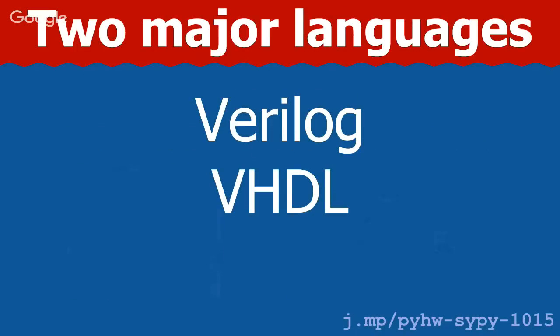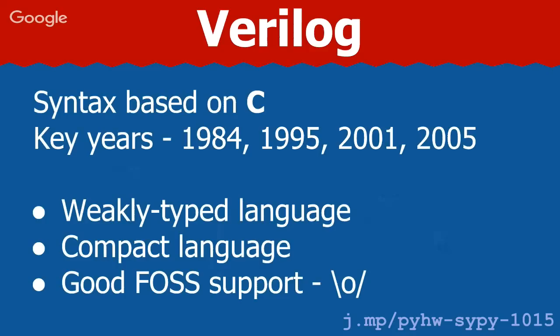There are two major languages used to program an FPGA. One of them is called Verilog and one of them is called VHDL. Verilog is arguably the oldest, but the people who like VHDL will say otherwise. It's got a syntax based on C and has had major revisions in the mid-80s, the mid-90s, the early 2000s, and the mid-2000s.